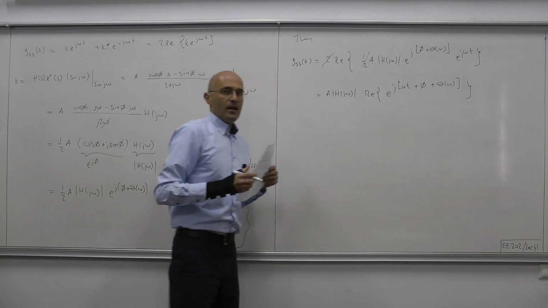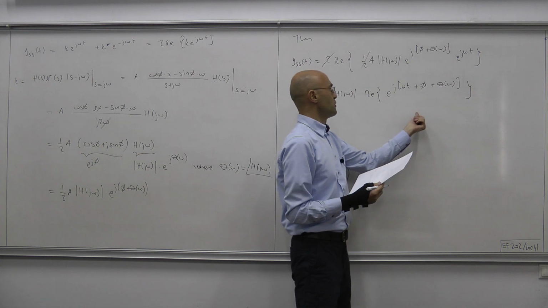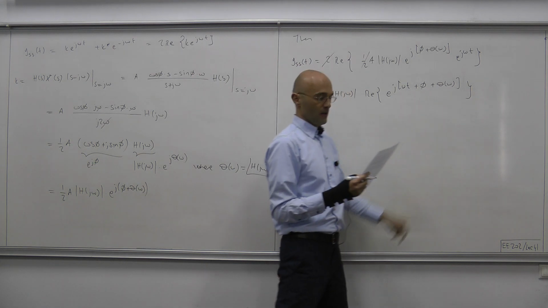We know what the real part of that is, simply using Euler's identity. This produces cosine of this thing here.